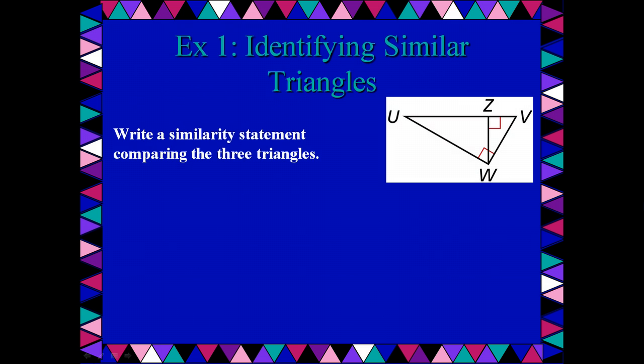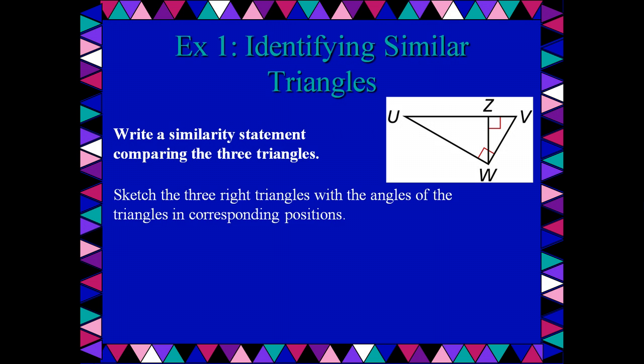Let's look at an example. We want to write a similarity statement comparing the three triangles, and we have triangle UVW. Sketch the three triangles with the angles in corresponding positions.